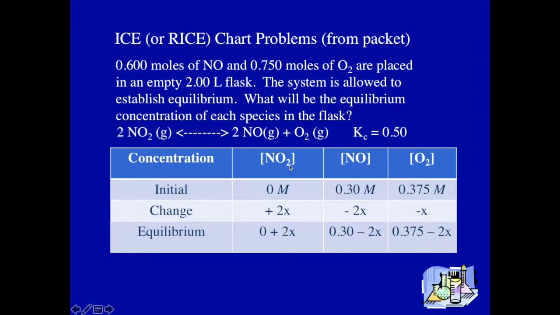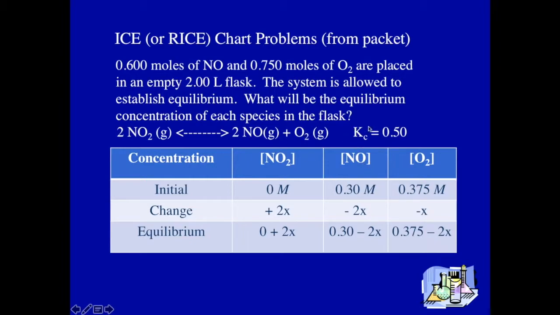Okay, so we set up our ice table, and what do we know? We know that I'm given an equilibrium constant for actually this reaction. And in this case, it's very confusing because I have my product with 0 concentration at the start, and I have my reactants with a concentration at the start.